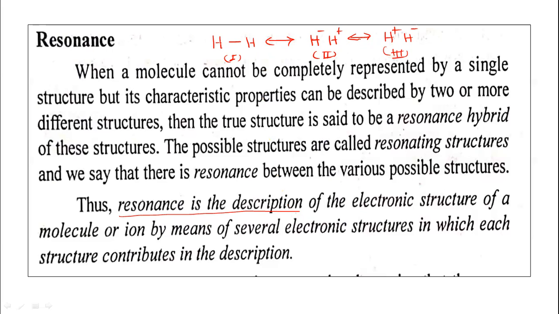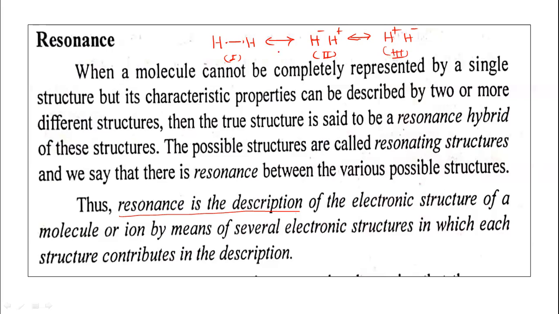Let us say now in the hydrogen molecule there are two electrons present. A covalent bond is formed by the sharing of the electrons. Let us assume that the two electrons go onto one atom. So one hydrogen atom acquires a negative charge and the other acquires a positive charge. Similarly, the two electrons may be present on the other hydrogen atom, so it will acquire the negative charge and the first will acquire the positive charge.